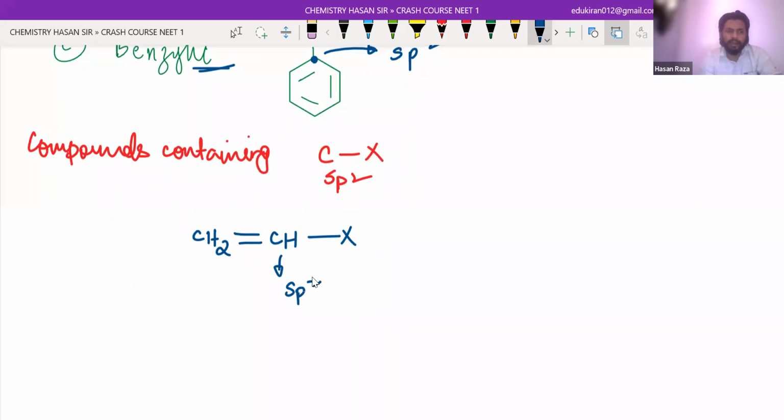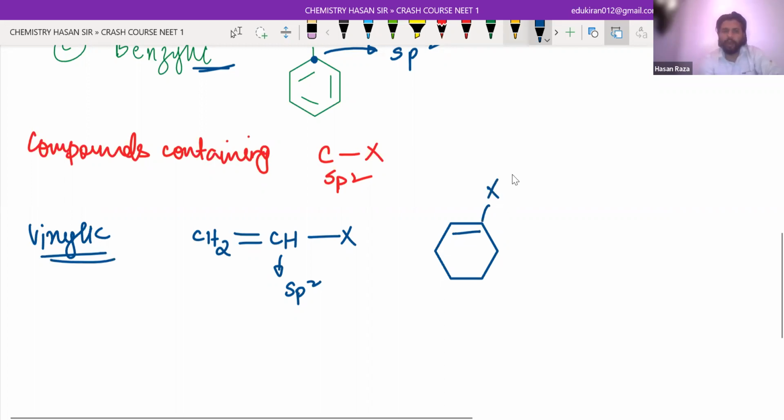That means X is connected to the doubly bonded carbon, that is known as vinylic. So you can take another example like this. Doubly bonded carbon, that means sp2 carbon, X is connected, and another is, we say, aryl halide.